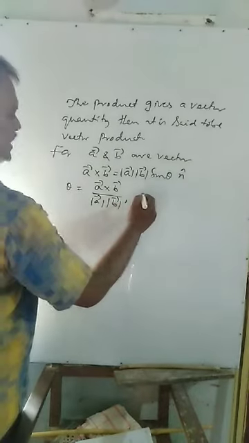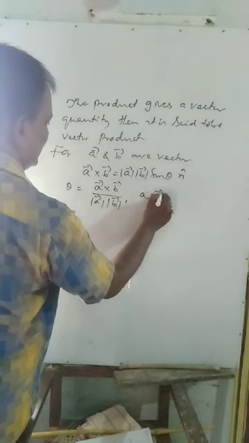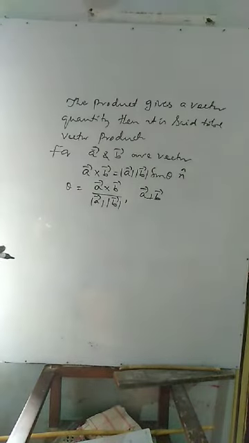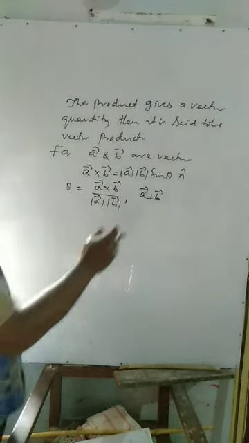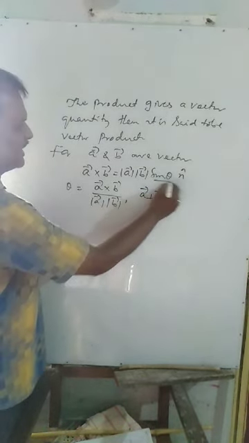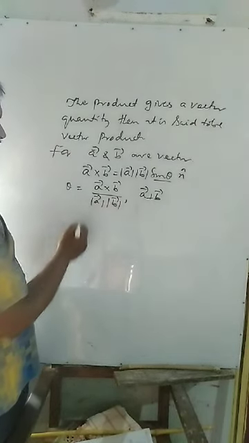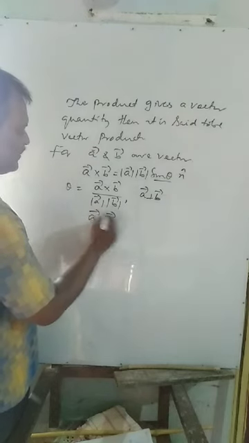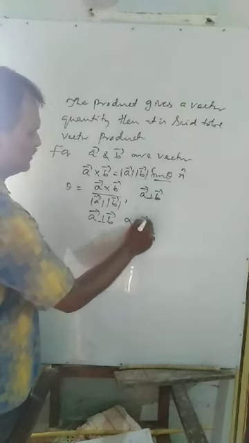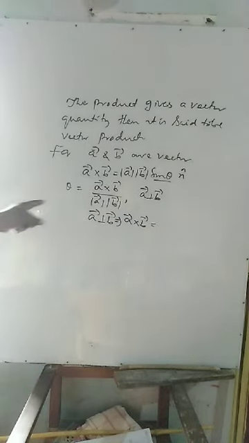Now look at when A is perpendicular to B. Remember, when the two vectors are perpendicular, theta is 90 degrees, so sin theta is sin 90, which equals 1.